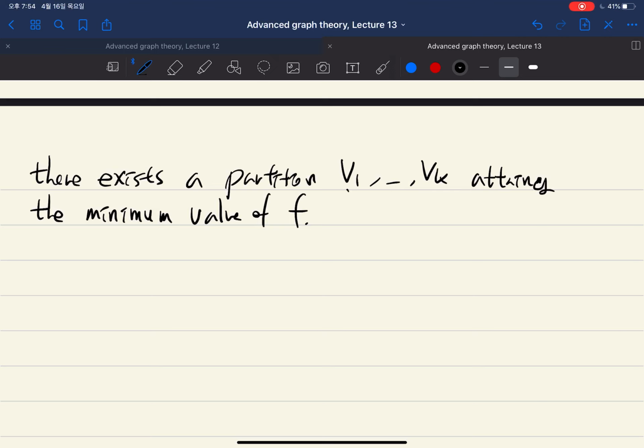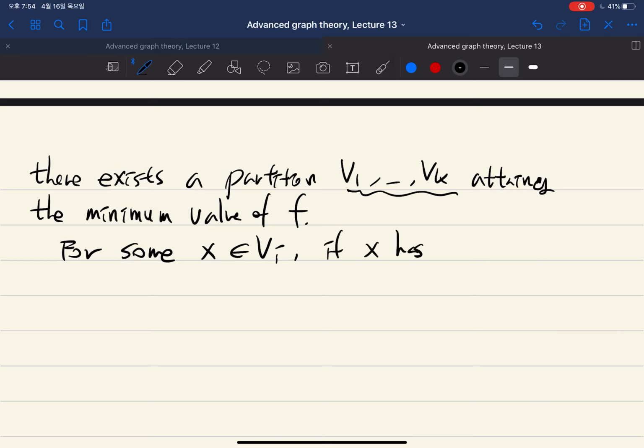And now we claim that this is our desired partition. To check that, let's say there is some vertex x in P_i, and we want to show that it does not have too many neighbors in its own class.